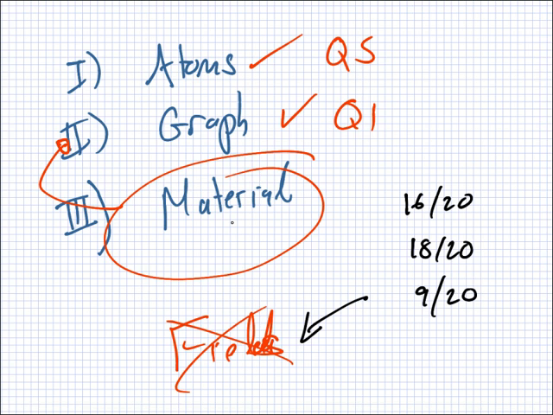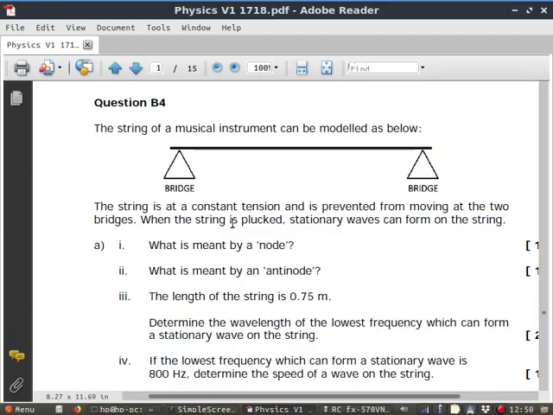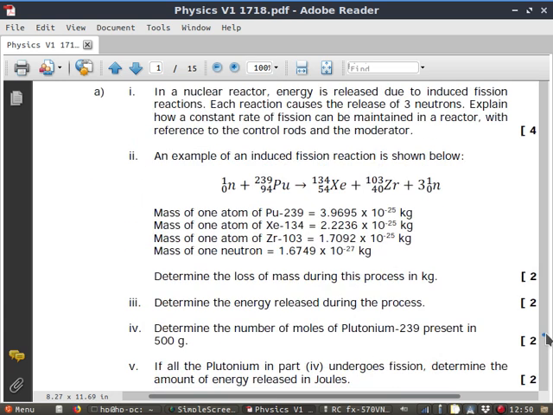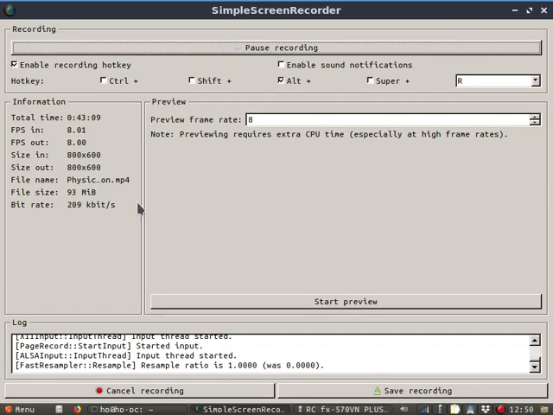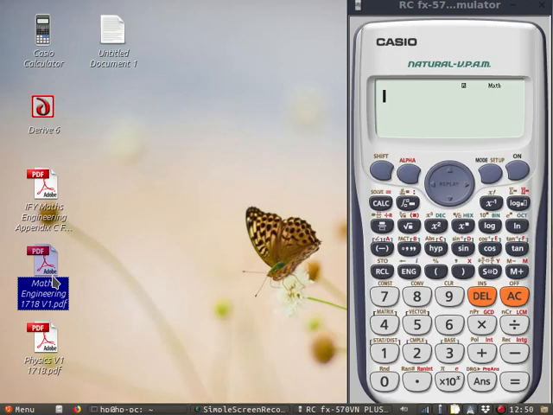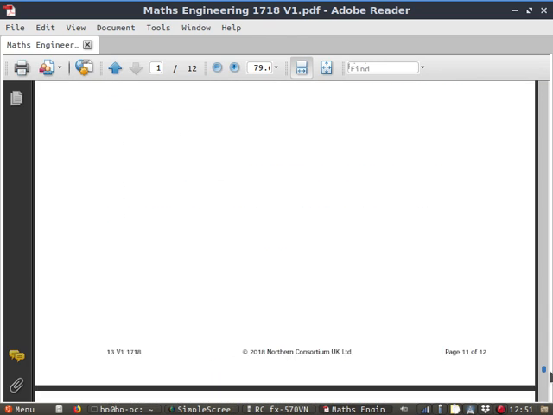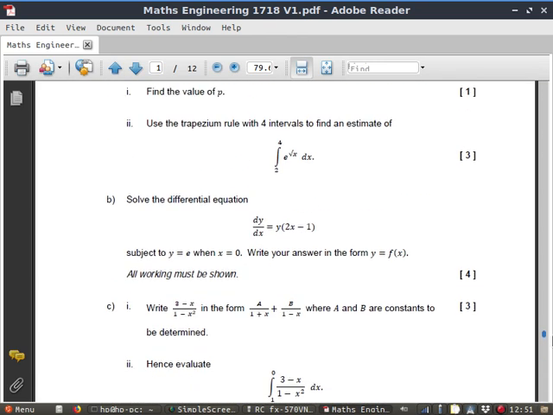So, what we'll do next is maths. The next exam. Oh, it's a nice exam. Didn't we finish it last time? I don't know, I thought we did. Let me check. Maybe yes. I kind of think we did. We did this.